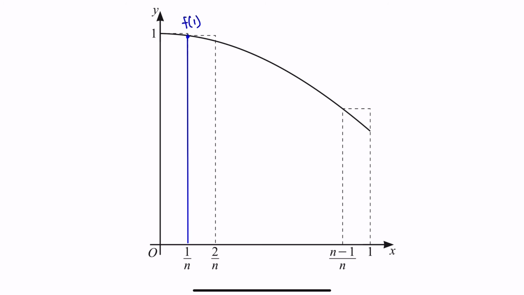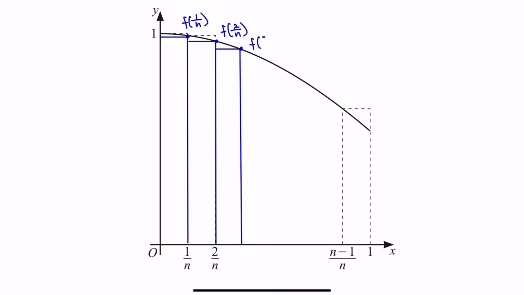Oops, sorry. And for the second rectangle, we would have the height of f2 over n. Sorry, this is 1 over n. Okay. Similarly, for the third one, you have the height of f3 over n. And for the last rectangle, we will have the height of f1.